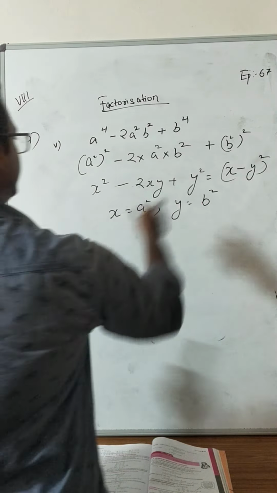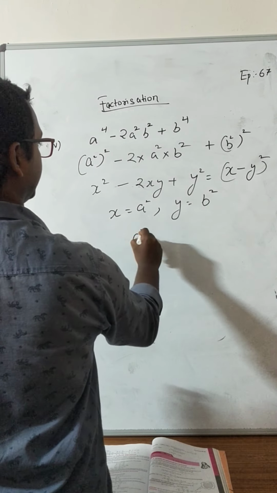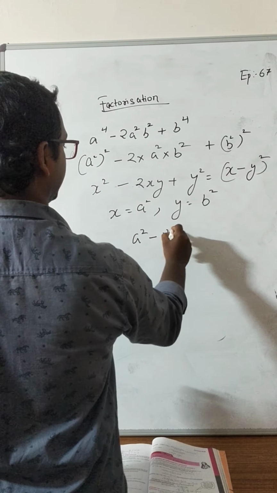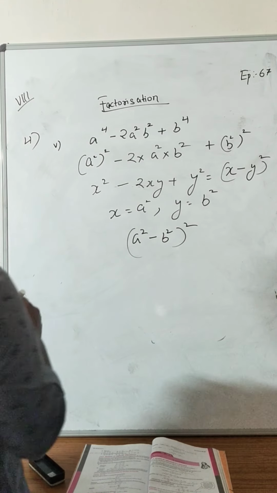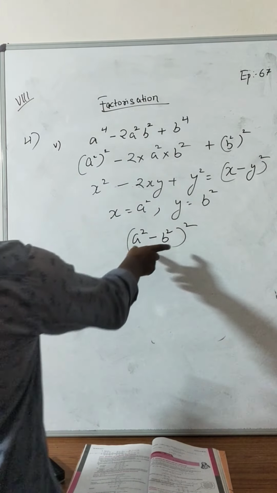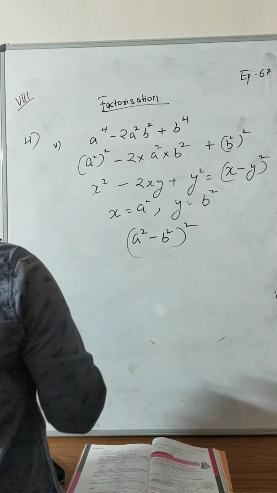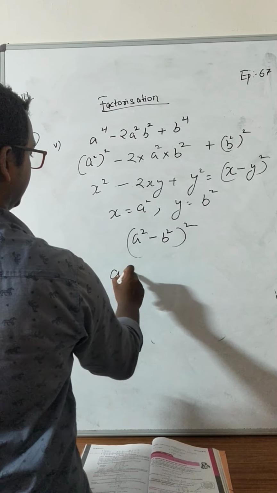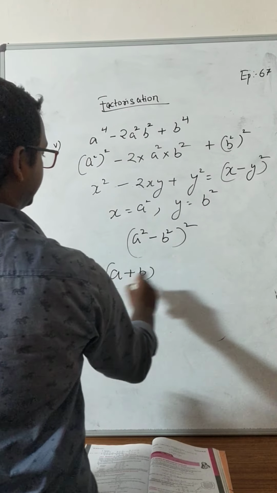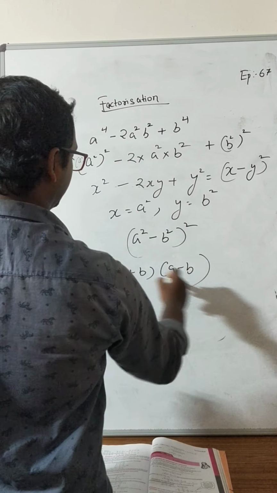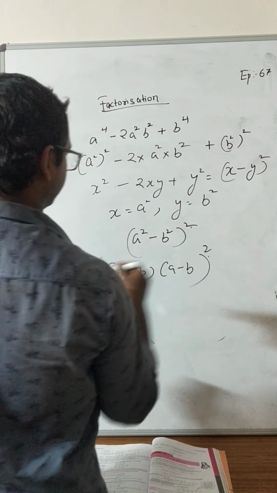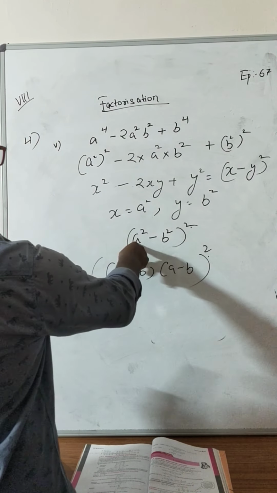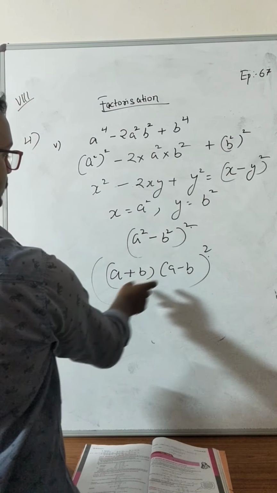Putting it in, we will get a square minus b square whole square. Then we will split this a square minus b square, which is of the format a plus b and a minus b, whole power 2. This is of the form of identity 3, a square minus b square, so a plus b, a minus b.